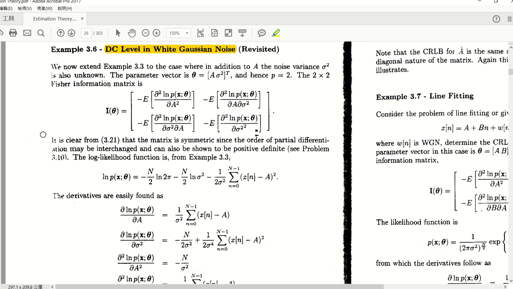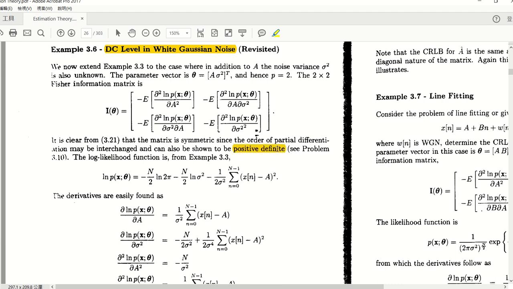Okay, so it is clear from 3 to 1 that the matrix is symmetric, since the order of partials may be interchanged. So they are symmetric, and they can be shown to be positive definite. I think this is a property.